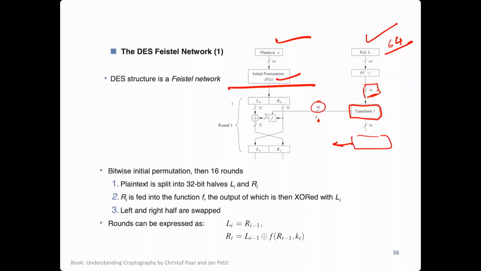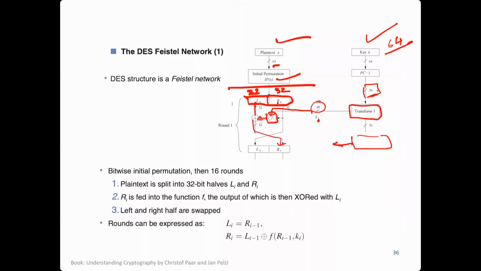To do that, we split the input coming from the top into two halves, left half and right half. Of the 64 bits initially, we have 32 bits here and 32 bits on the right half. Then take this key and apply it to a function called the f function, and the output of the f function you exclusive OR with the left 32 bits, and then we swap.